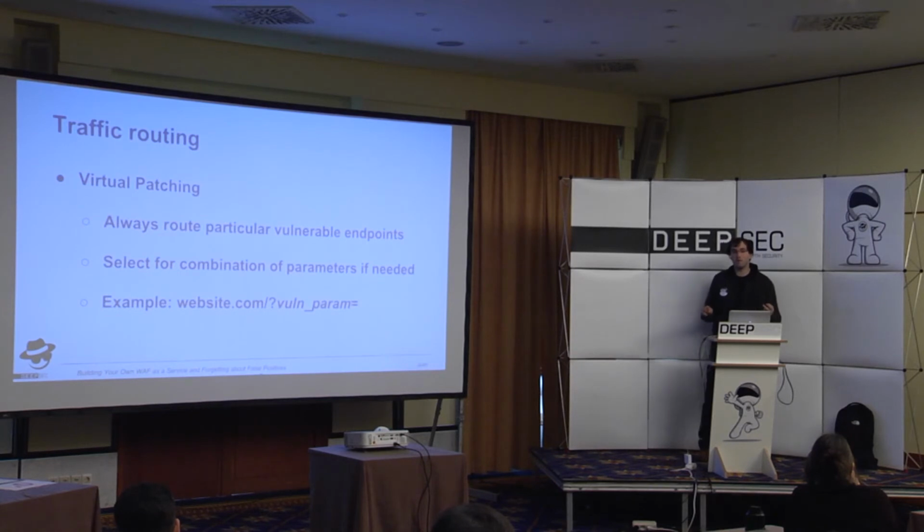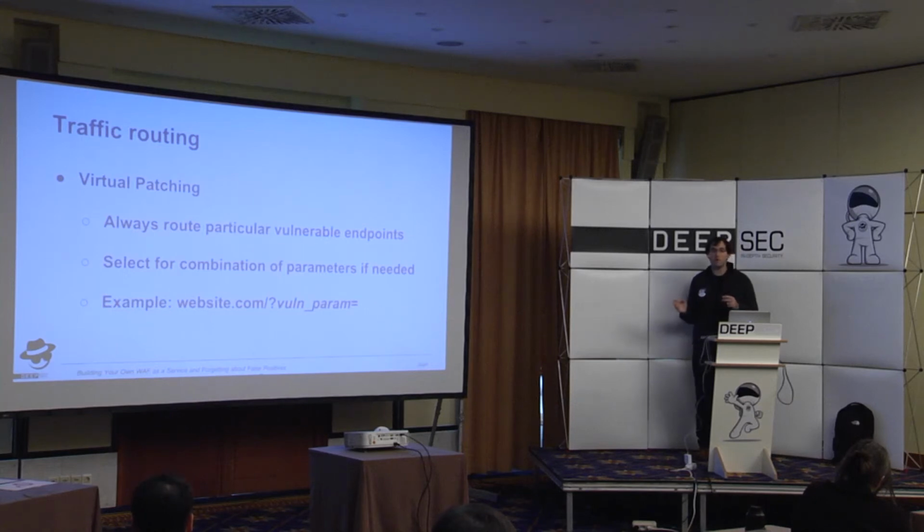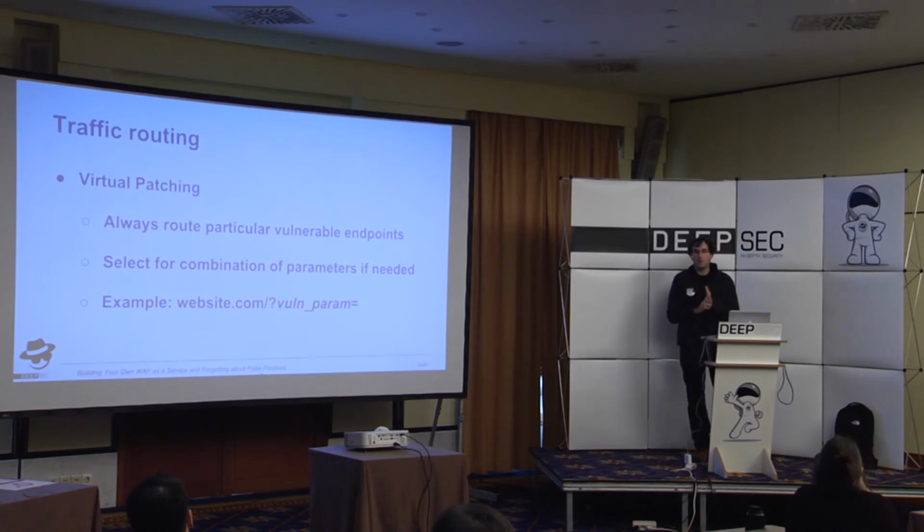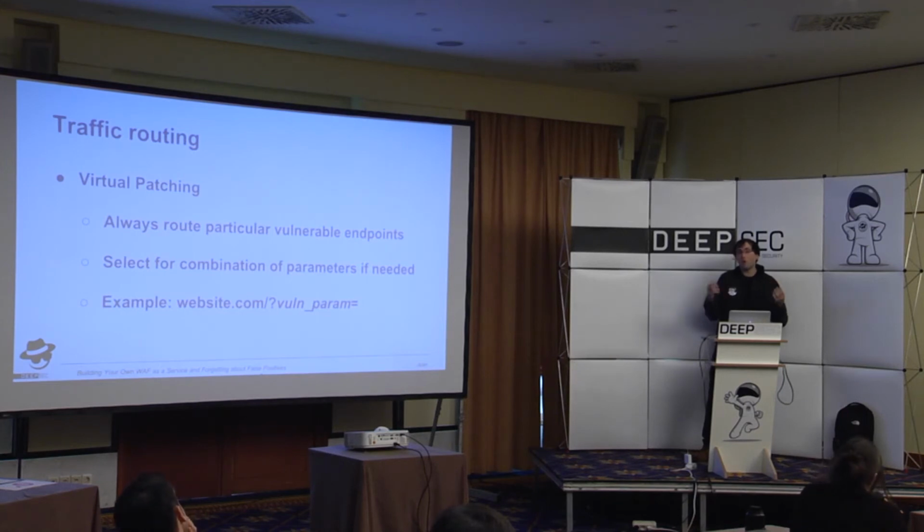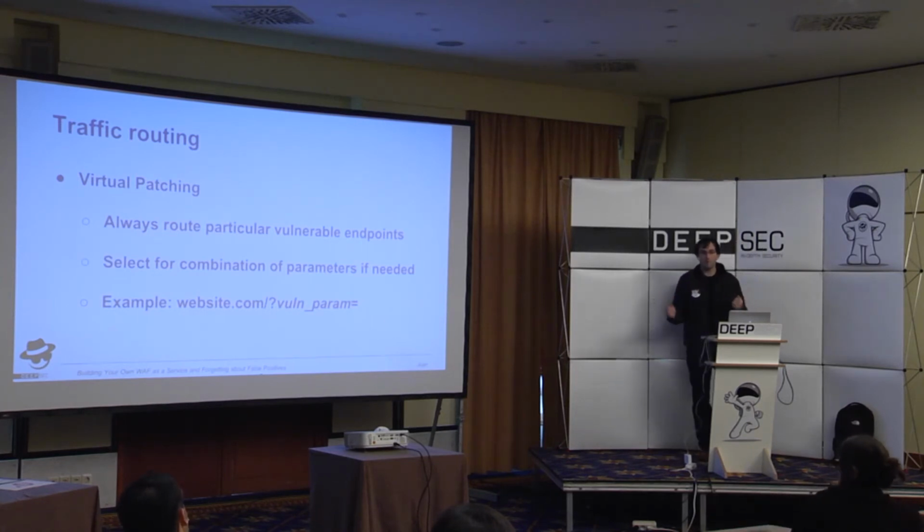But if your web application firewall API is able to detect this attack, or you want to write a custom rule for it, you can immediately add virtual patching for this particular endpoint or combination of endpoint and parameters. Which means that suddenly this web application would start routing all the traffic for that particular endpoint and parameters through the WAF API.